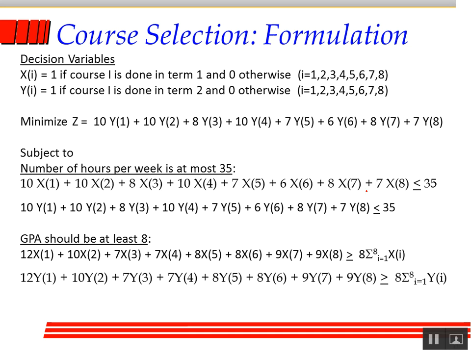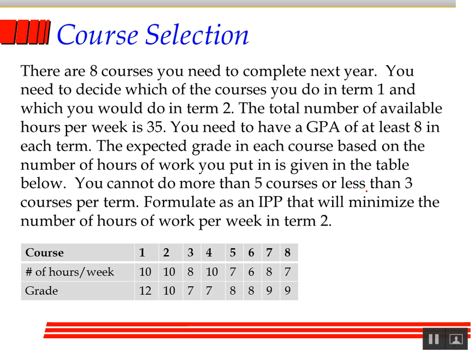So we want to minimize the number of hours per week in term 2, right? Because we have defined yi this way, the time you will spend in term 2 will be 10y1 plus 10y2 plus 8y3.